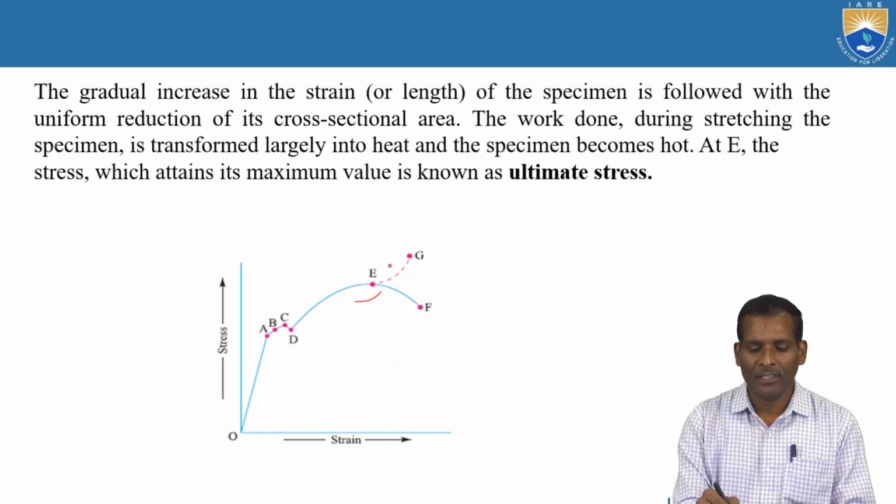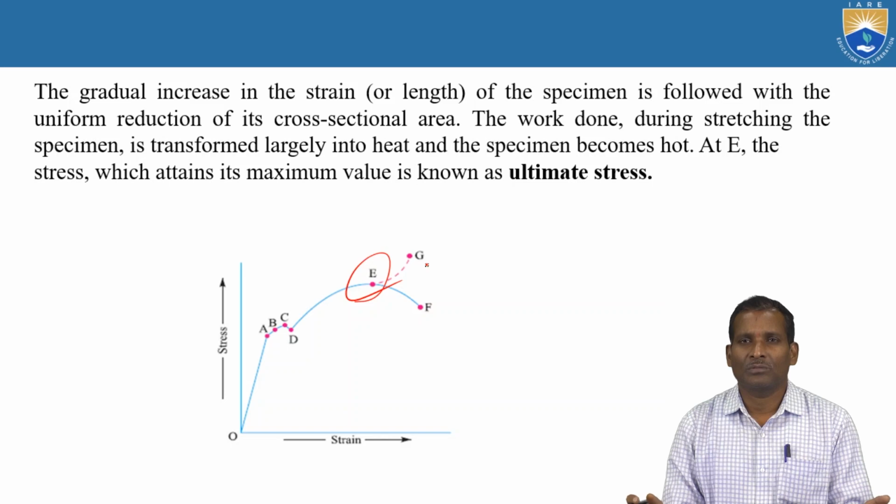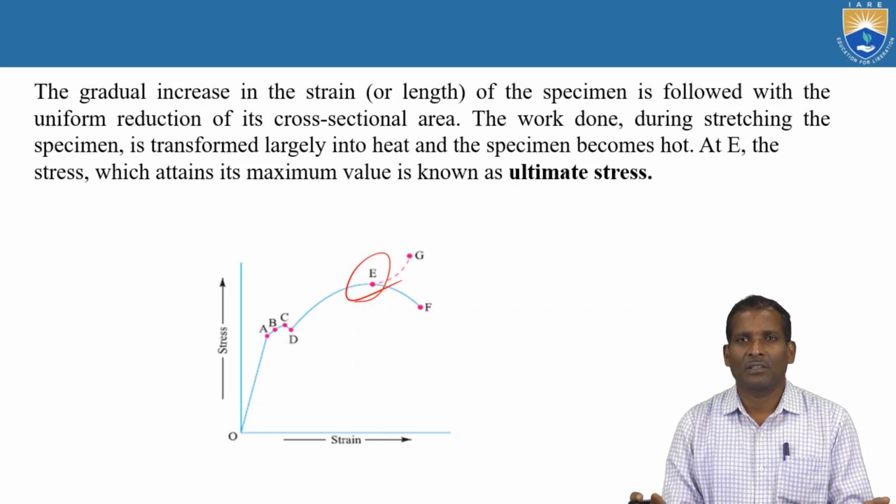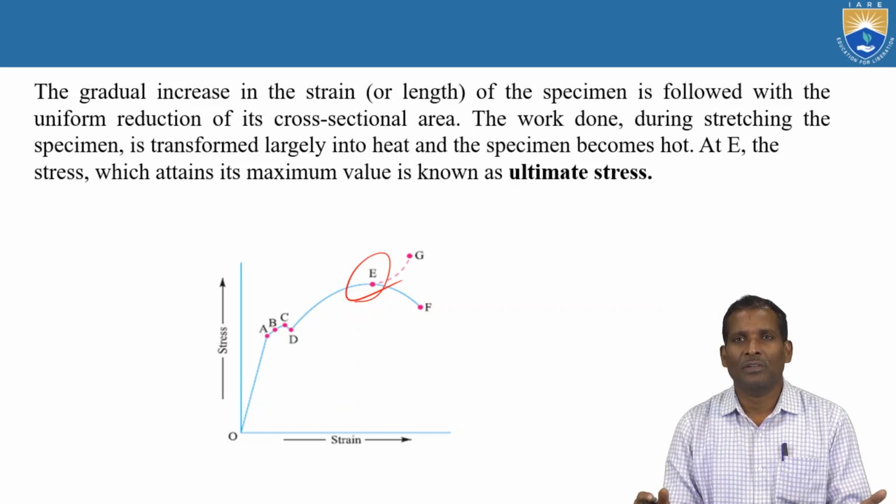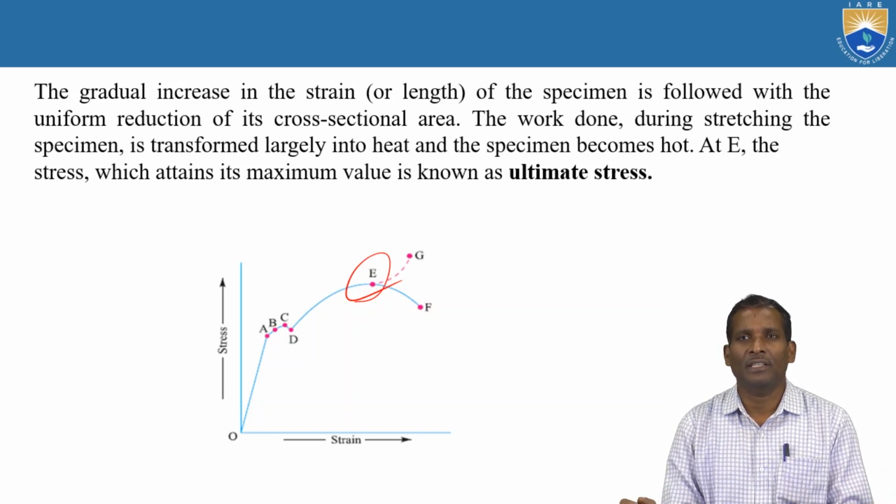At point E, you are increasing the load and it reaches the maximum limit E. Beyond this E, the component will gain some heat and fail. So this stage is called the ultimate stress zone.